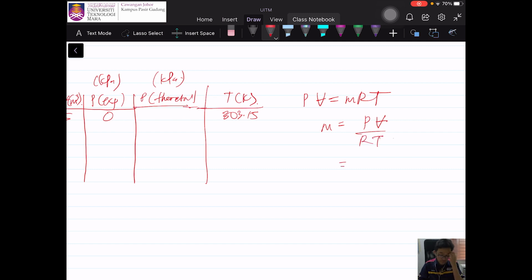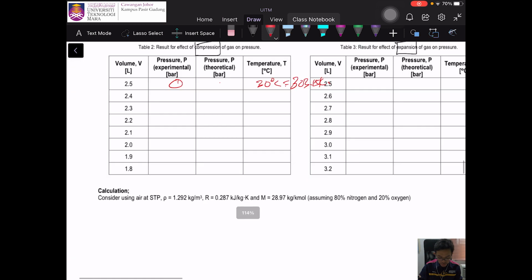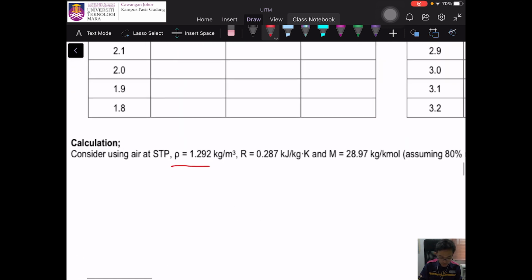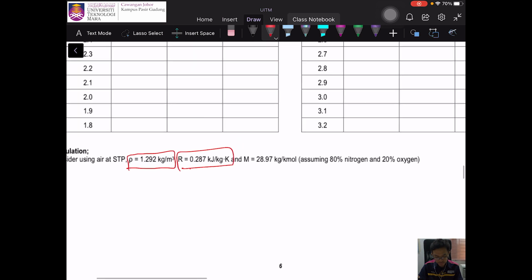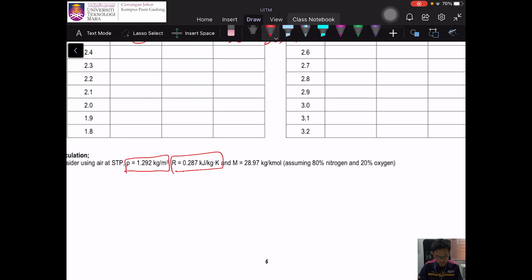So you can find your R first, or you can also use the simple equation here, which is already given, the density. Whatever you like, you can use this. So the density is 1.292.